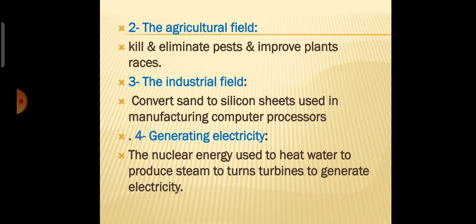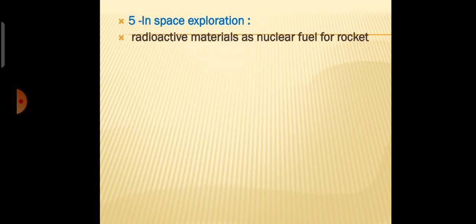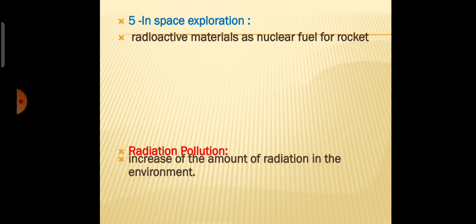In generating electricity, nuclear energy is used to heat water to produce steam that turns turbines to generate electricity, like dynamos. In space exploration, radioactive materials are used as nuclear fuel for rockets.